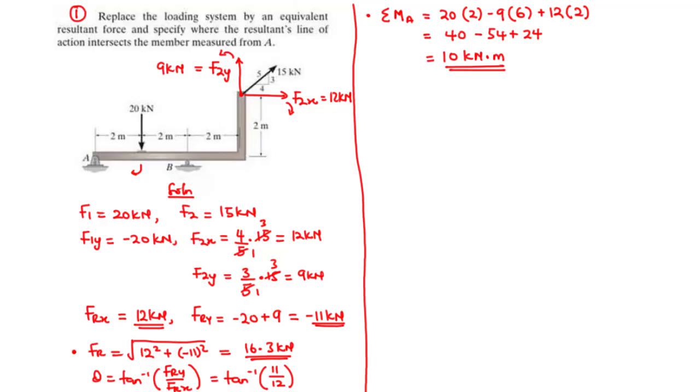Next, we are going to find the moment of the resultant force about A. So in doing this, we are just going to specify any arbitrary distance, say D, away from A. And at this point, we are going to have the resultant force, that is Fr.